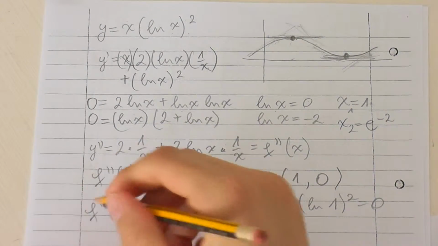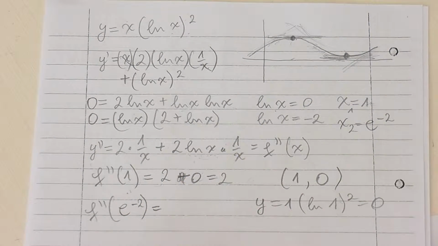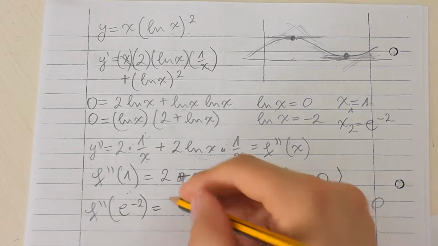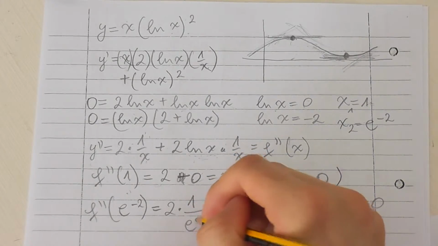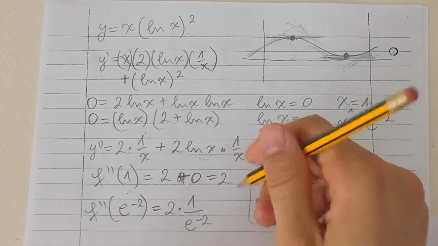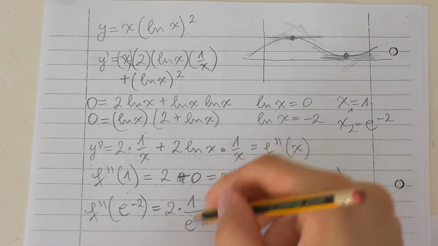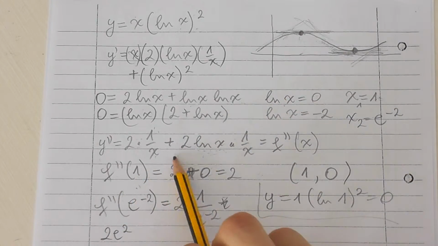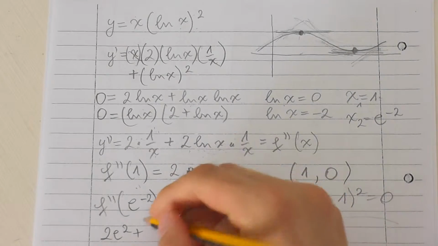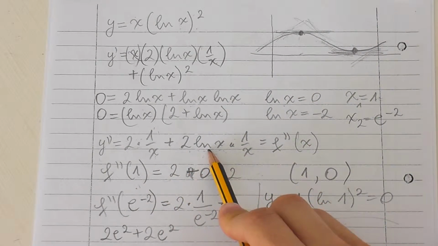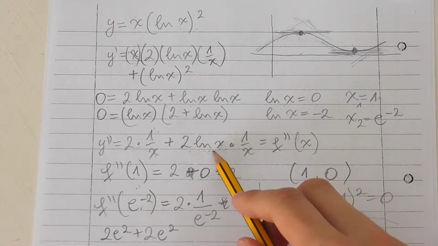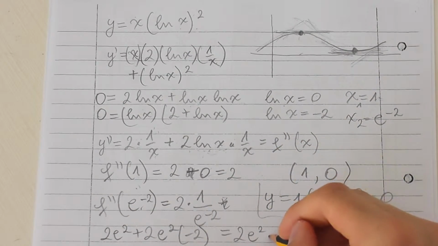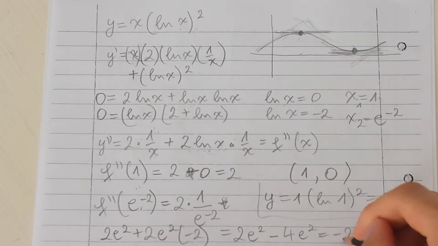For our second point, e to the minus 2, we plug that in, and this is now about to get a little bit trickier. 2 times 1 over e to the minus 2, let me just separate this, plus 2e squared, and then ln of e to the minus 2 is going to be minus 2, which gives 2e squared minus 4e squared, which gives minus 2e squared.